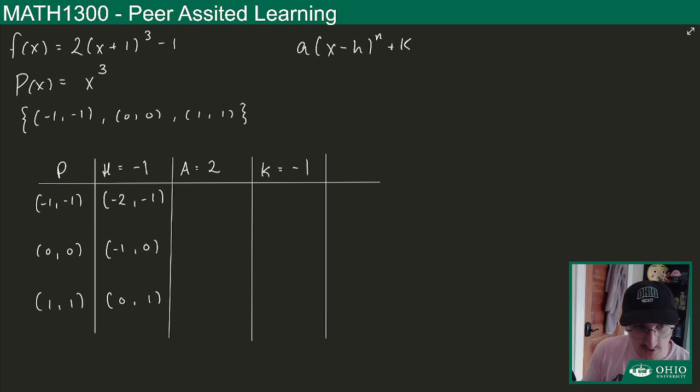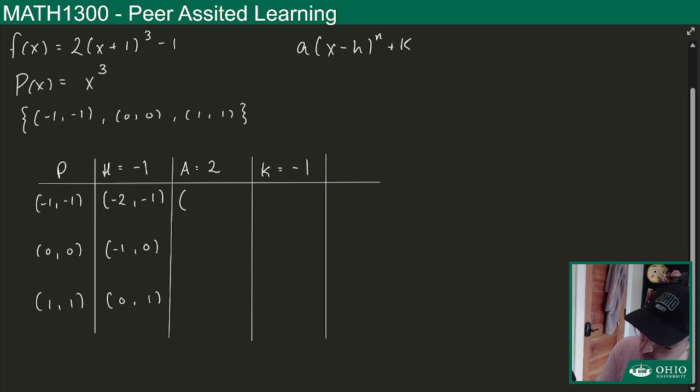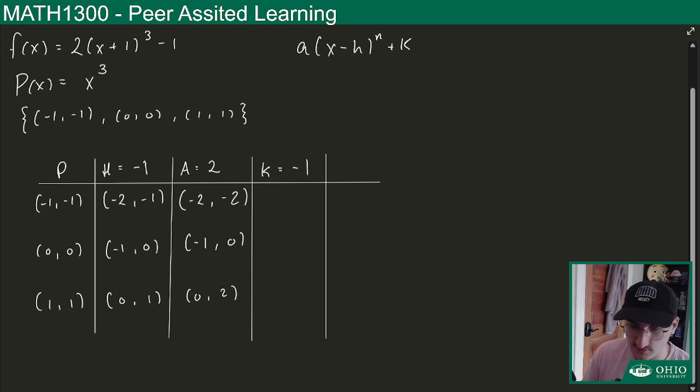The next step is to multiply all my y values by a. So a is 2 in this instance. Sorry, we are actually doing this to our y values. So -1 times 2 is -2, 0 times 2 is 0, and 1 times 2 is 2. You're multiplying a by all of the y values.